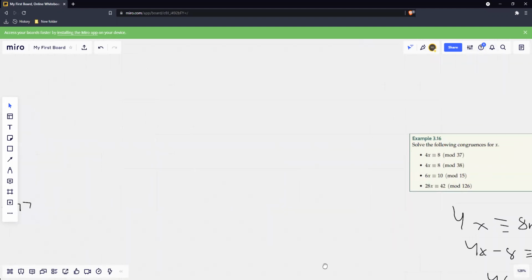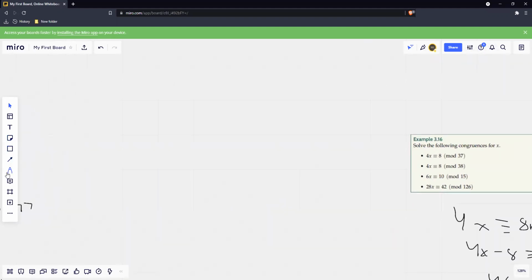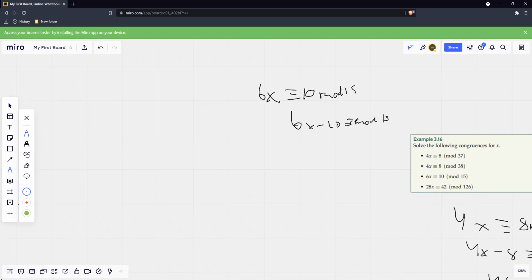Okay, for the third question, we're trying to find the x such that 6x is congruent to 10 modulo 15. Once again, we subtract, and then we factor.